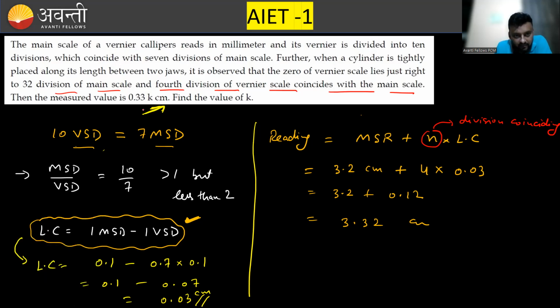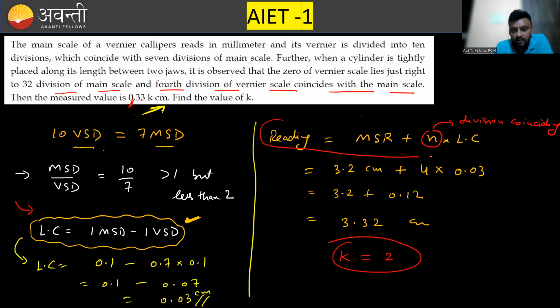But in the question, sorry, this decimal is not here. This decimal should be here. So that is 3.3. So K is what? On comparison, K is 2. So what are the two things that you can learn from this question? One is how to calculate the least count of the instrument and how to get the reading.